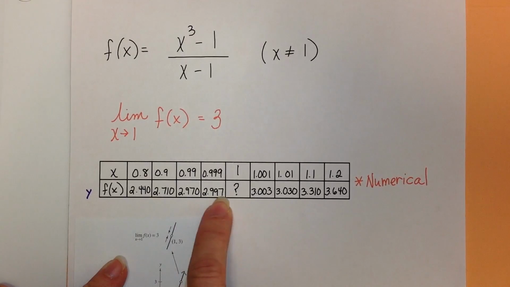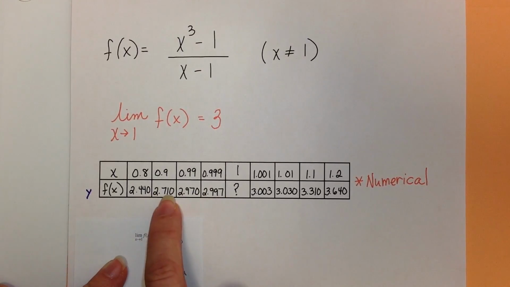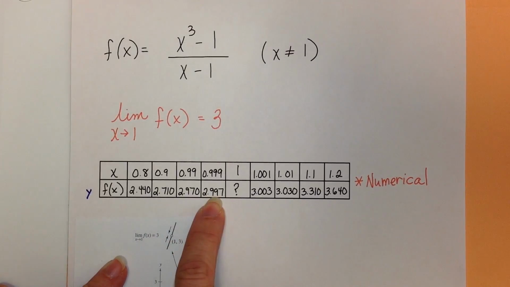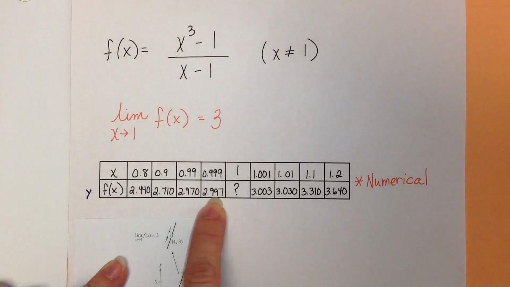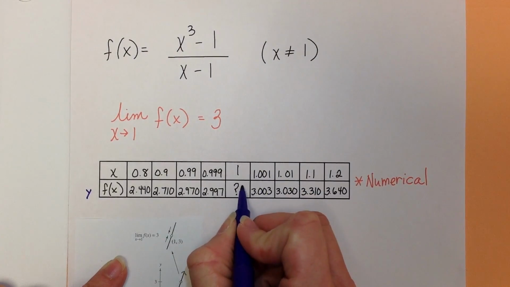And the same thing's happening here. These numbers are getting larger, but as you go from one number to the next, they're gradually getting closer and closer to the value of 3. So what you would have here in this table is a 3.